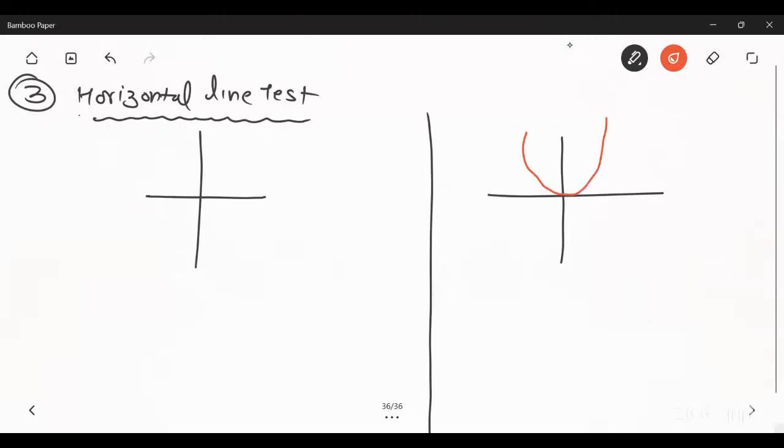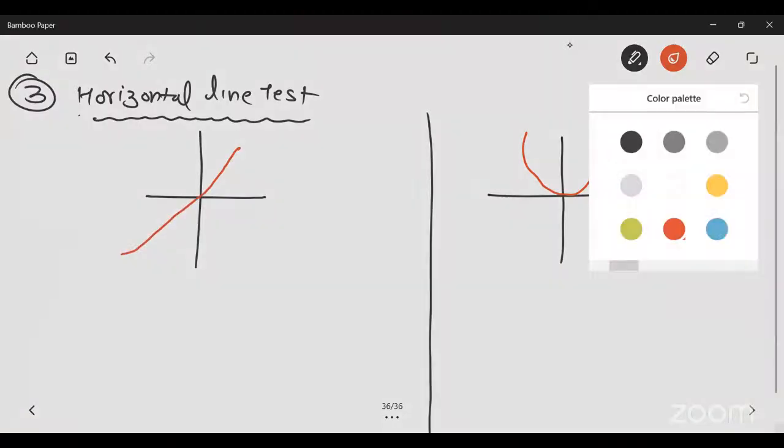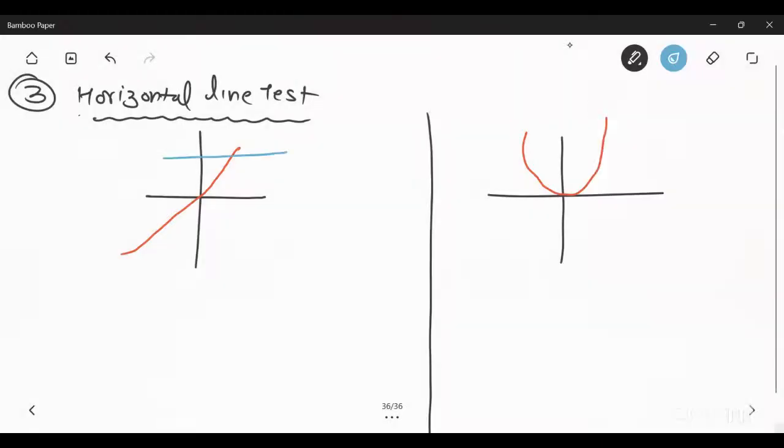Now suppose that was the function. If you stretch any number of horizontal lines here, this horizontal line cuts at only one point. So that means that function is a one-one function.